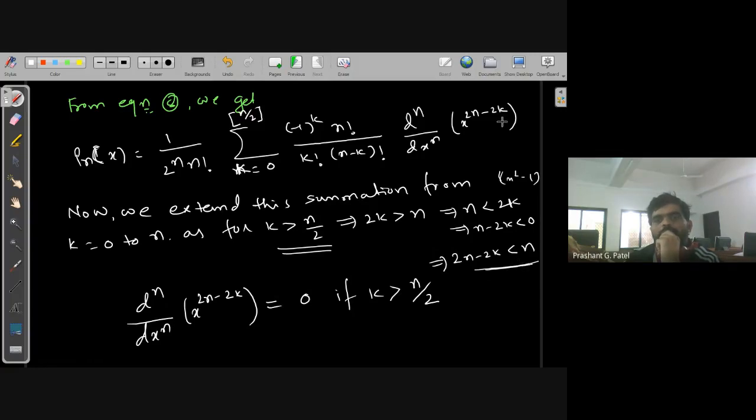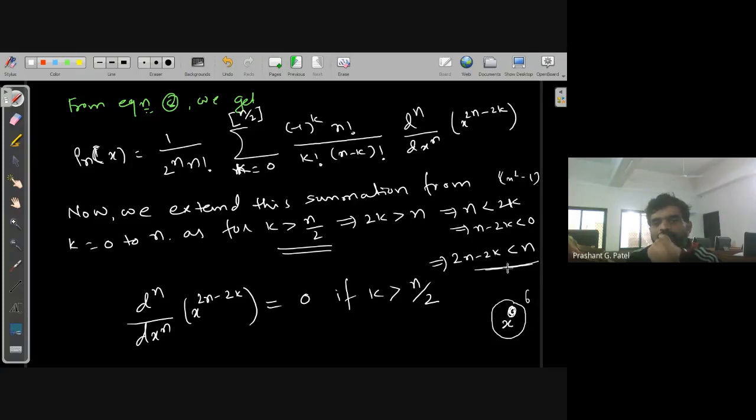For example, if you take the derivative of x raised to 5, 6 times, then it will become 0. If the power is smaller than the order of the derivative, then it is always 0.